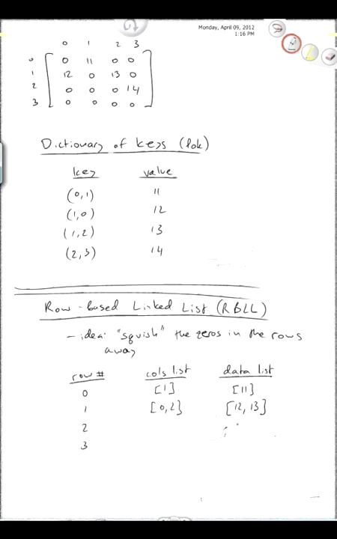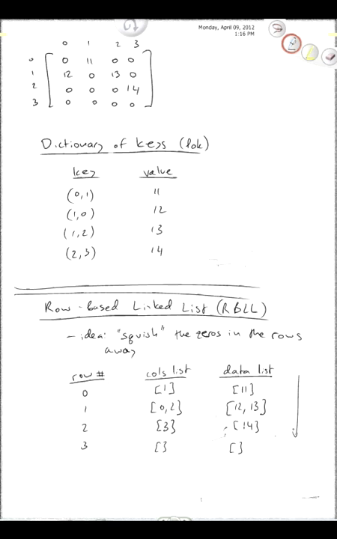Similarly for row 2, the data list is a 14 and the column list is a 3, because this 14 is in the third column of the matrix. The last row, row 3, has no non-zero entries, so both of these lists are empty. Given this information, that's sufficient to reconstruct the entire matrix at the top of the page.